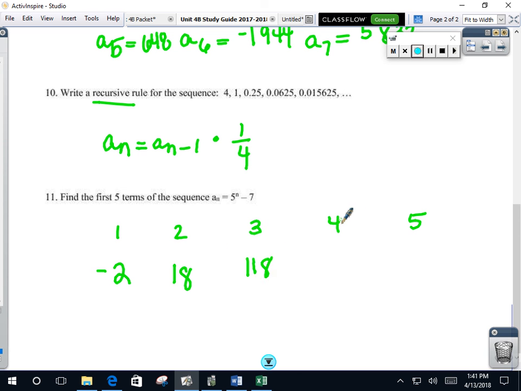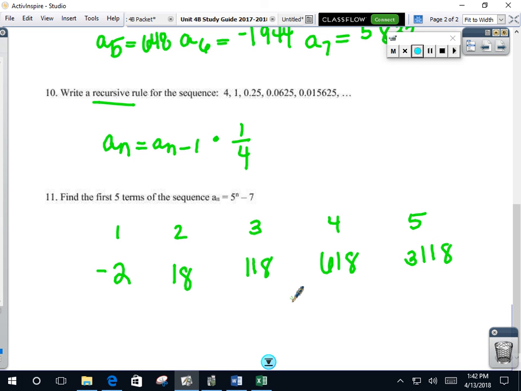And then to find the fourth term, you're going to plug in 4. Anytime you're trying to find a term, you just plug in that number term in for the n, no matter what the formula is. 618. And then to find the 5th term, you just replace the n with a 5. So 5 to the 5th power minus 7 is 3,118.